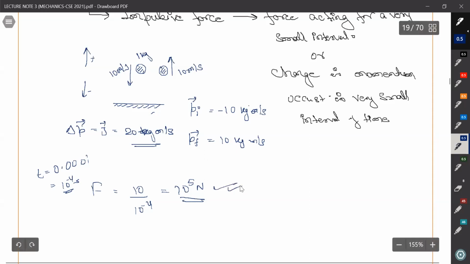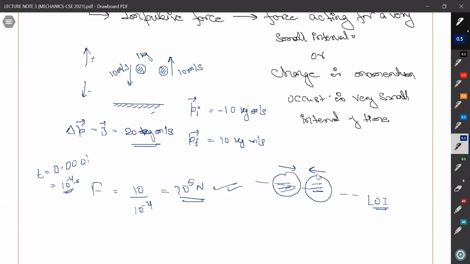So if a collision occurs, we know that if two bodies collide, collision occurs in their line of impact. We will see in the next lecture, don't worry about this, just see this. So if the two bodies collide with each other and the time is very small, we can say that the force acting on it is impulsive force.